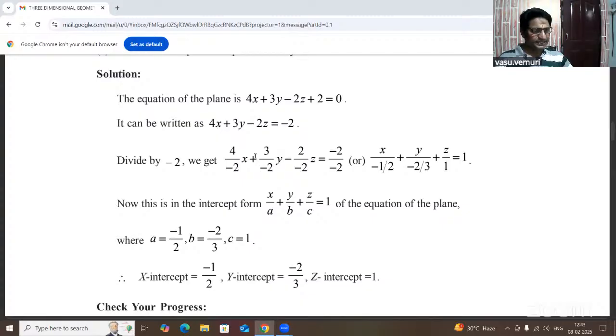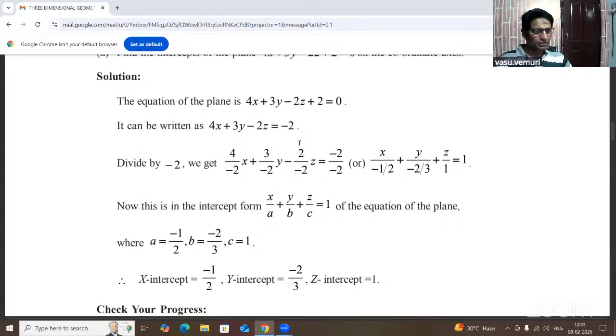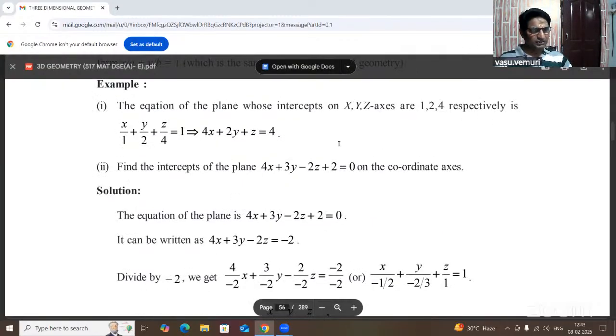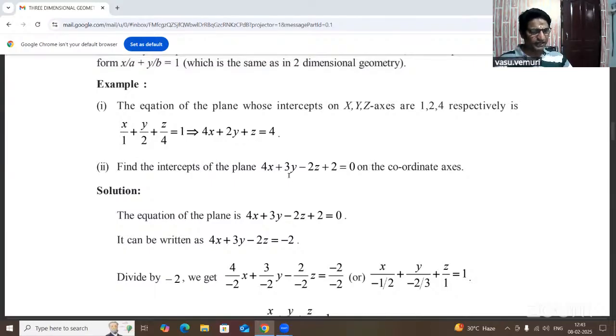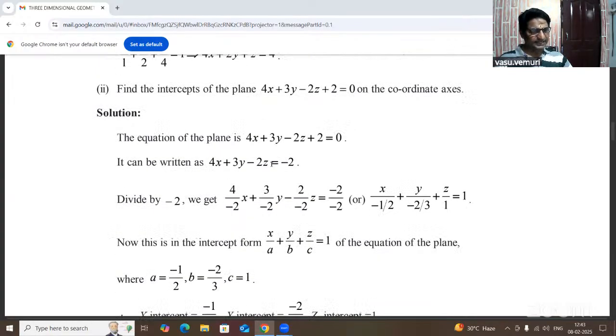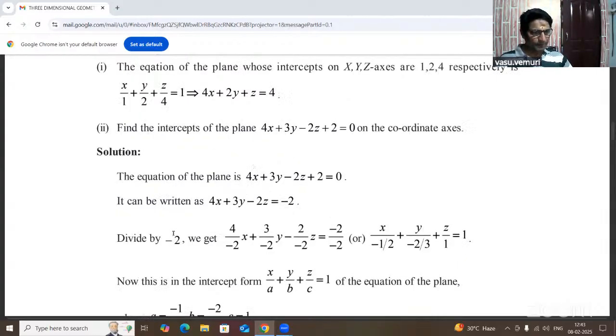After that, 2 by 2 means 1. Now finally we get the x intercept, 4 by 2 means 2. After the substitution, we get x intercept is minus 1 by 2, y intercept is minus 2 by 3, and z intercept is minus of minus 1, that value is 1. The z intercept is 1.